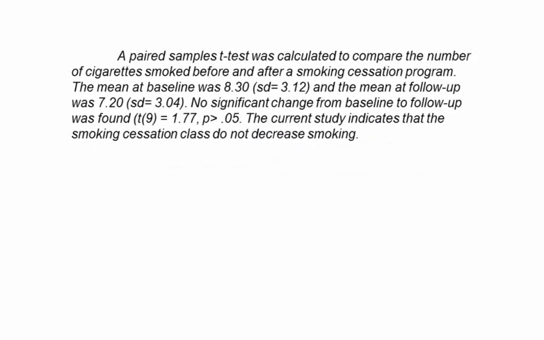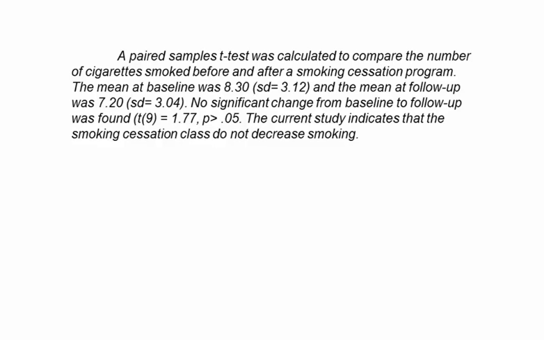Using the sample language in the text, we might write up our results like this. A paired samples t-test was calculated to compare the number of cigarettes smoked before and after a smoking cessation program. The mean at baseline was 8.30 with a standard deviation of 3.12, and the mean at follow-up was 7.20 with a standard deviation of 3.04.